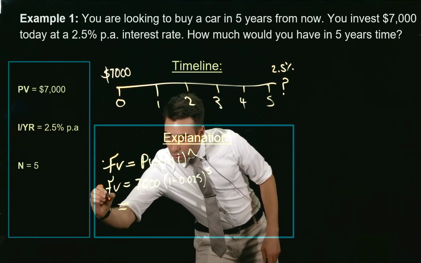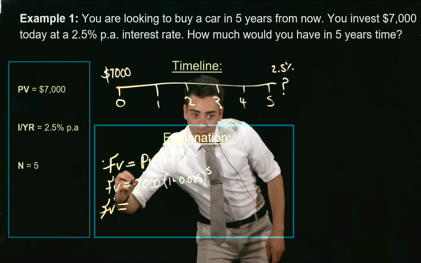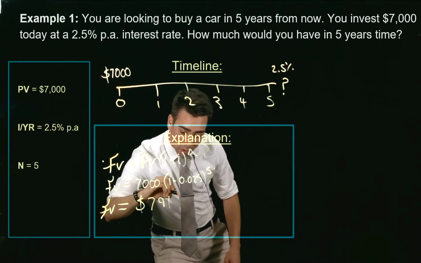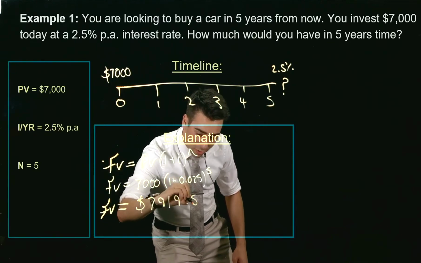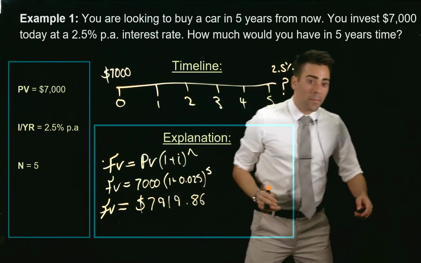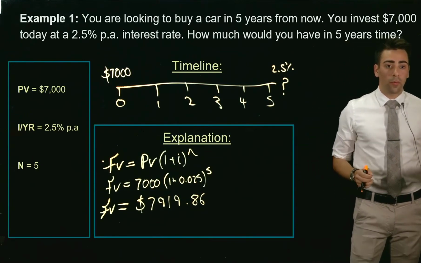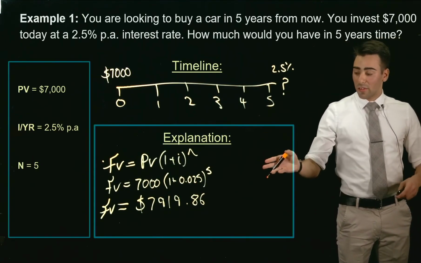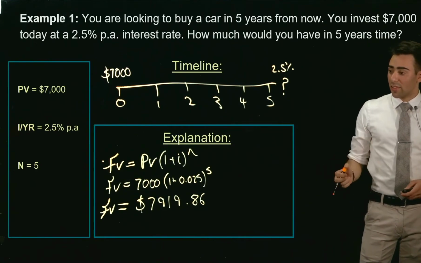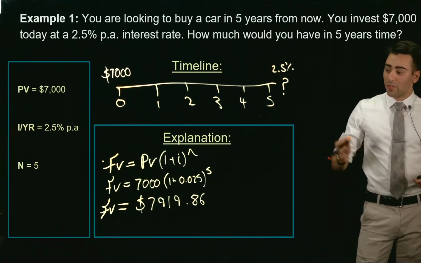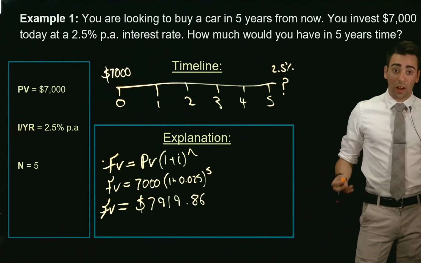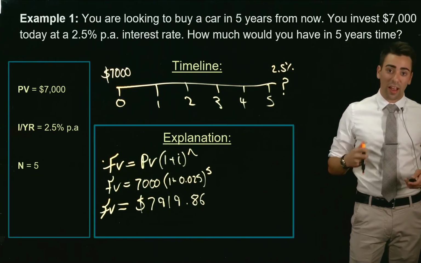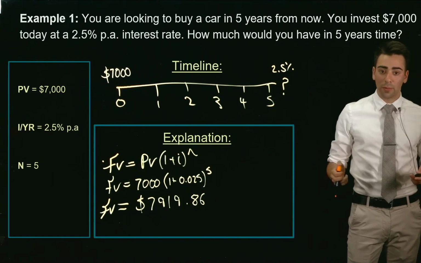Multiplying this out gives our future value as $7,919.86. So we can also say that the answer to this question, when we interpret that answer, is that if we invest $7,000 today, in 5 years' time, we will have $7,919.86 to spend on a car.